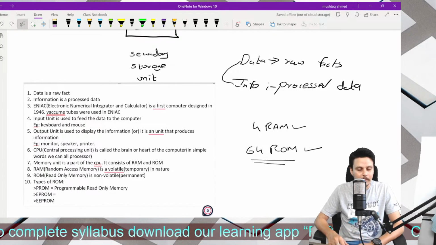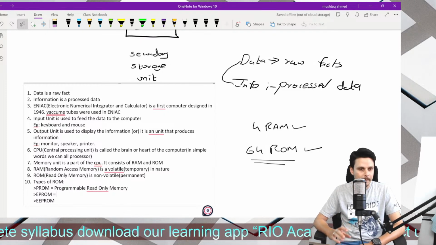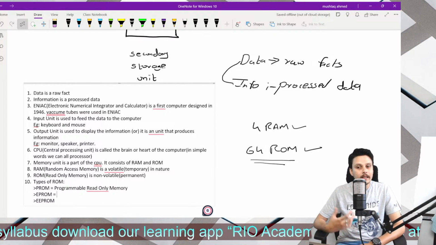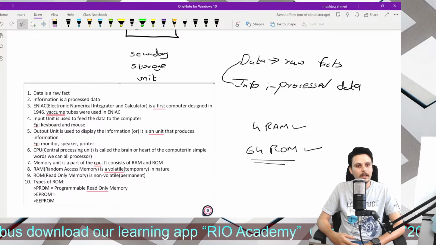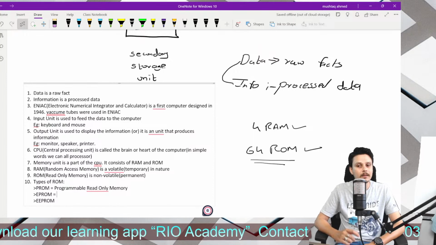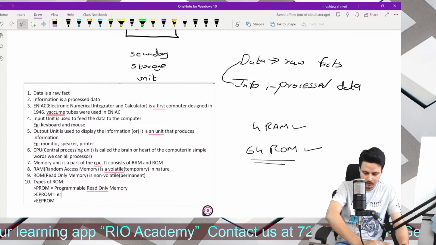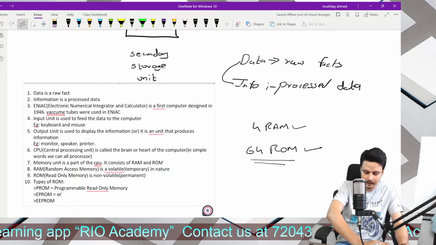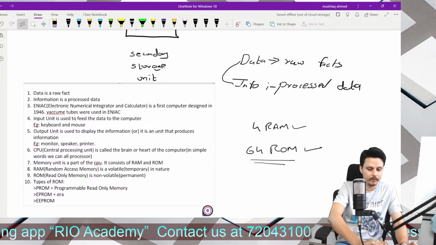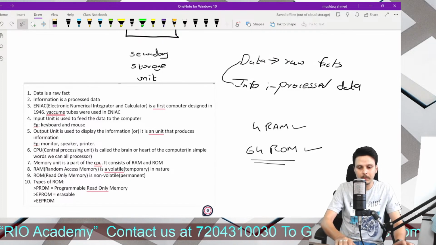Erasable programmable read only memory. We can erase some programs from the ROM, so we call it erasable programmable. Is it correct, erasable or electrical? Erasable programmable read only memory.